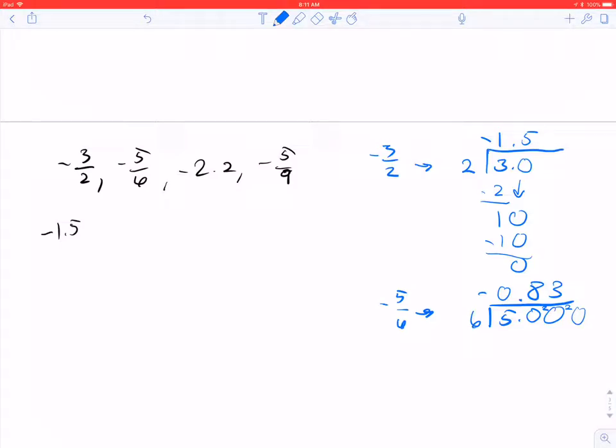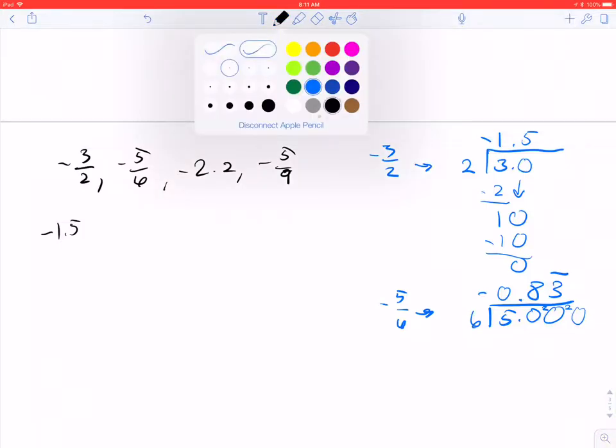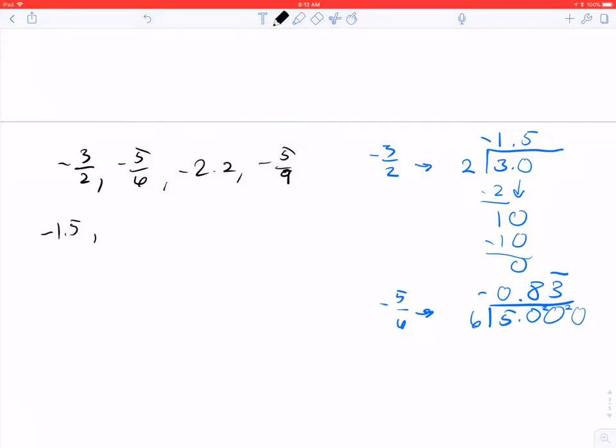So that ends up being negative 0.83 bar. What the bar means is that the 3 continues, because 6 times 3 is 18, you subtract, you get a remainder of 2, add a 0, it's going to keep being 3 over and over and over, and it'll keep going because it's the same number. So the negative 5 over 6 as a decimal is negative 0.83 bar. Okay? So we're getting all of these to decimals, and then we're going to go from there.